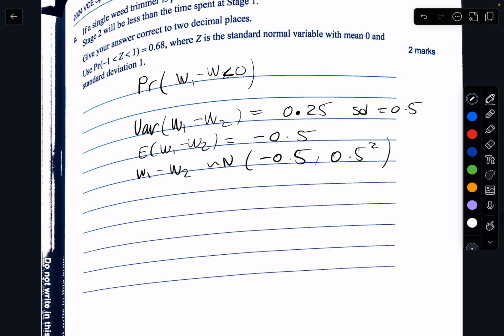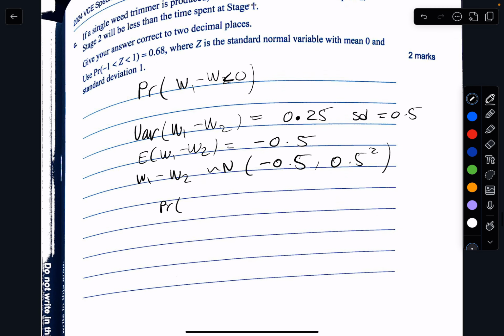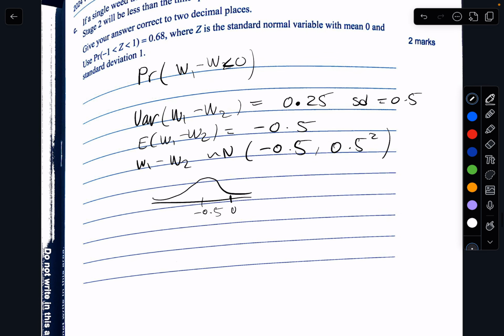So we want to know the probability that it's less than 0, which is, if we think about it, negative 0.5 is here, and 0 is here, right? So we know that this is one standard deviation.